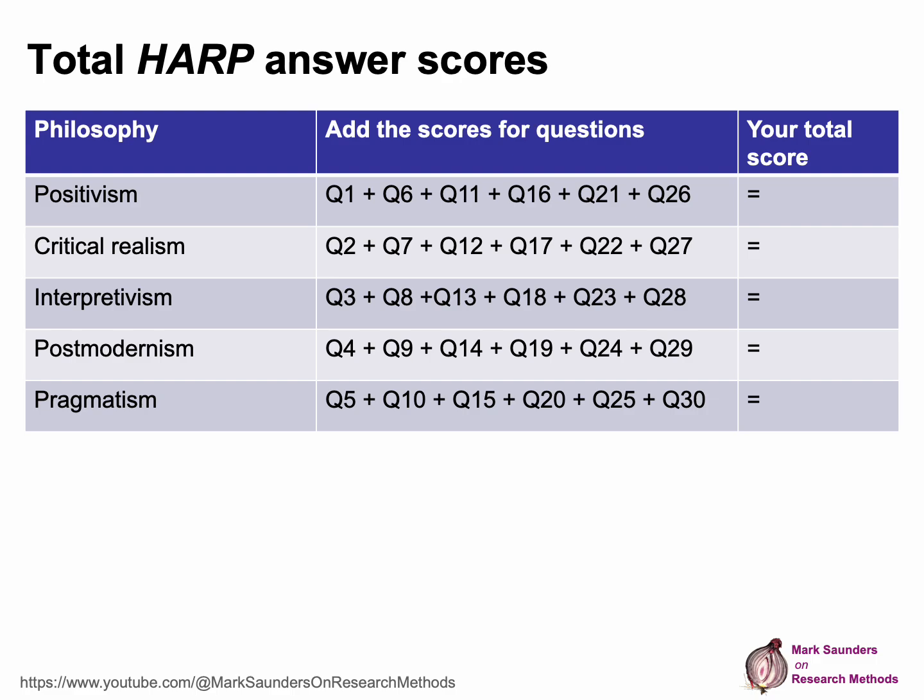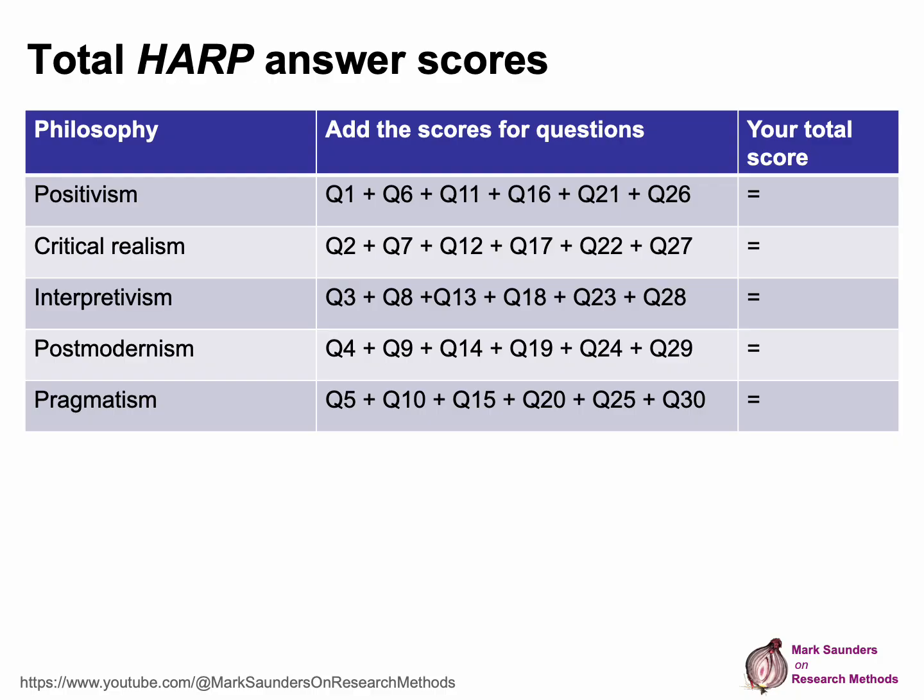For critical realism, you add up your scores for questions 2, 7, 12, 17, 22 and 27. Questions related to interpretivism, which you need to add up, are questions 3, 8, 13, 18, 23 and 28. Questions which show your views in relation to postmodernism are questions 4, 9, 14, 19, 24 and 29.